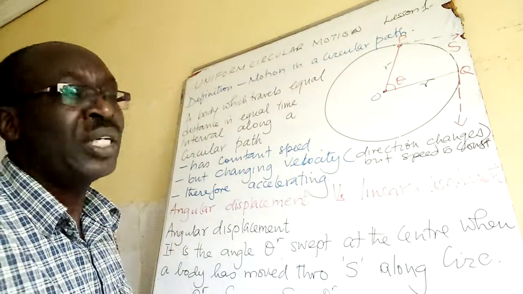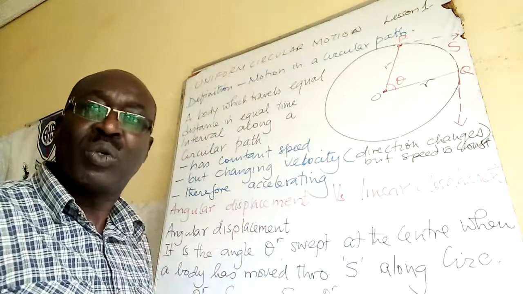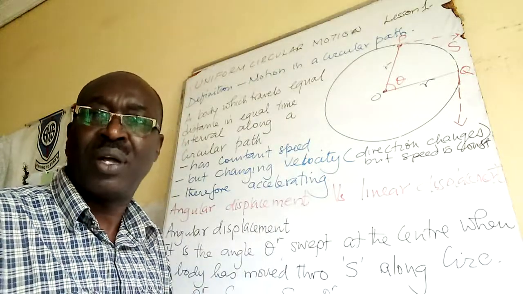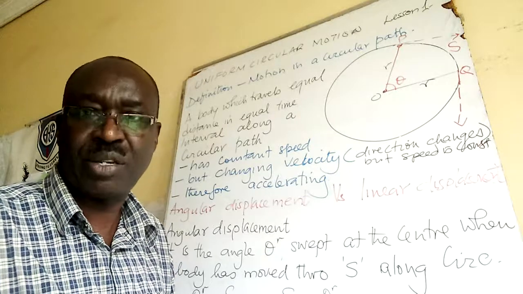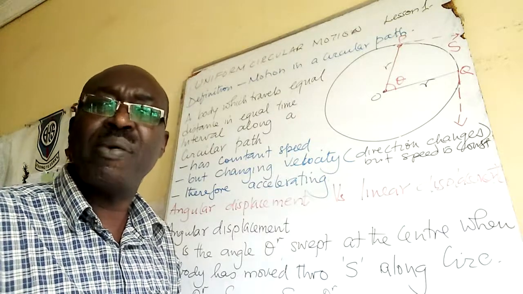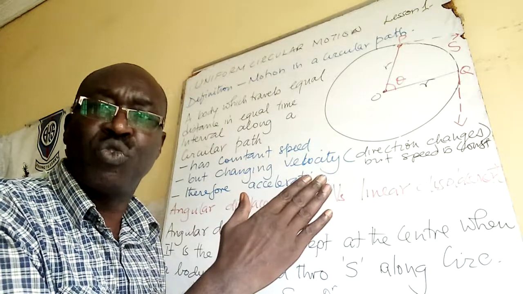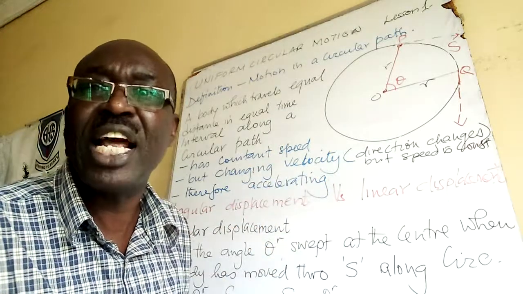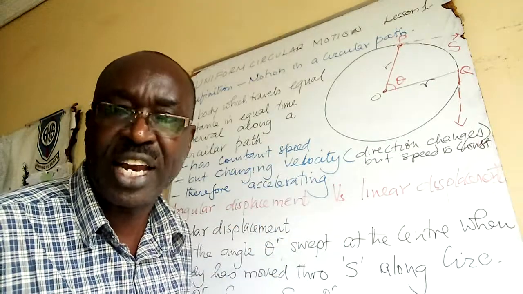Right. Then we have a new term that you must know now. Angular displacement. Any body which moves along a circular path subtends an angle at the center.